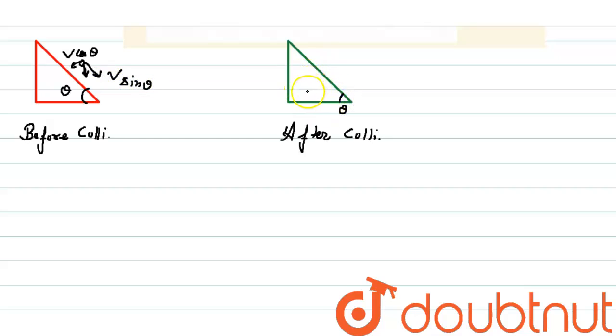Its velocity component parallel to the inclined plane remains constant, and the component perpendicular to the plane changes from v cos theta to v dash after the collision.